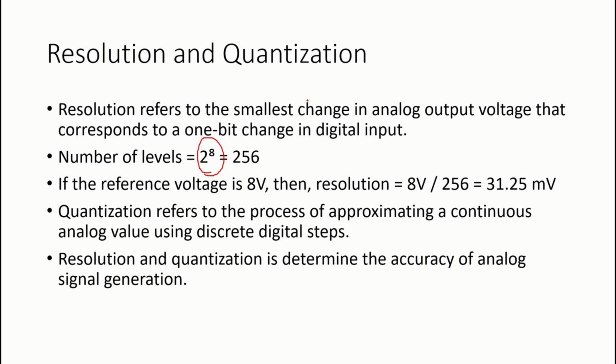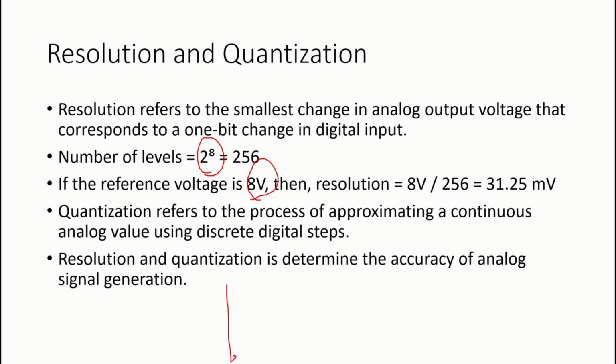Since we can use 8 bits at one time, the highest number that we can represent would be 256. Let us say the highest voltage is 8 volts. Then a single bit change would result in 8 by 256, which is around 31 millivolts of change.